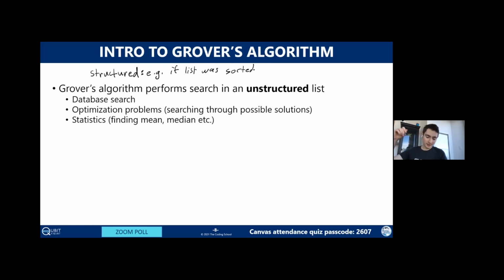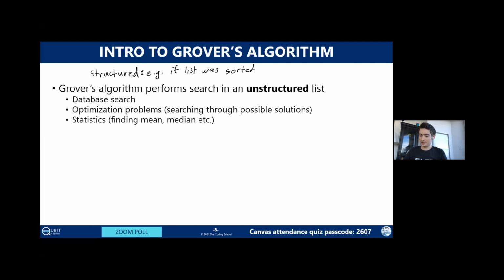Because if I drop into the middle of my list and I see someone who's age 25, I know that if there's someone age 19, they would only exist in the left half of that array. I don't need to search any of the elements above that 25-year-old I found because I know that they're sorted. And so that kind of problem has a different solution than an unstructured search.